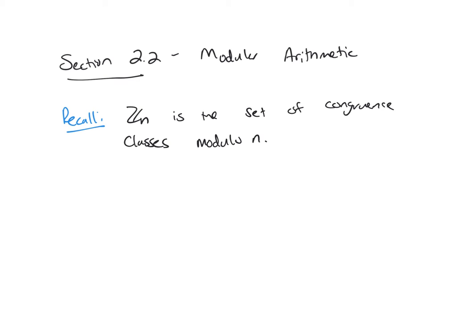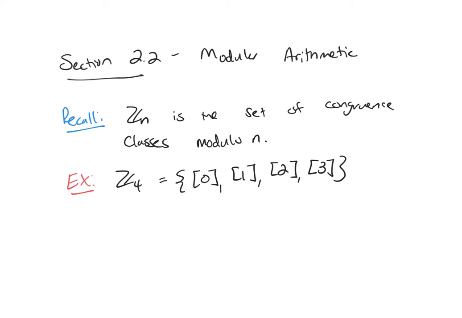So for example, Z4, what are the equivalence classes in Z4? The equivalence class of 0, equivalence class of 1, equivalence class of 2, and the equivalence class of 3.